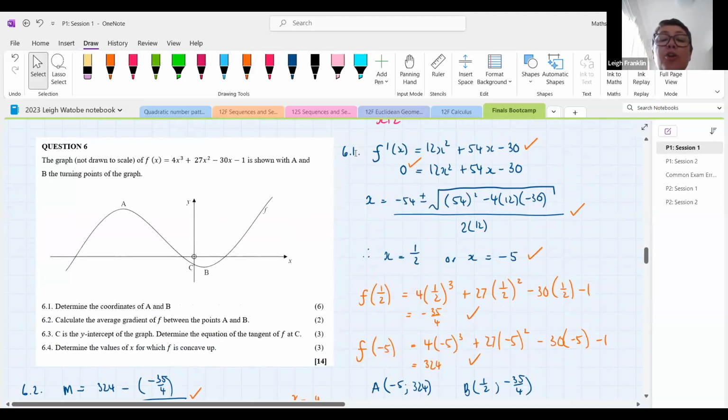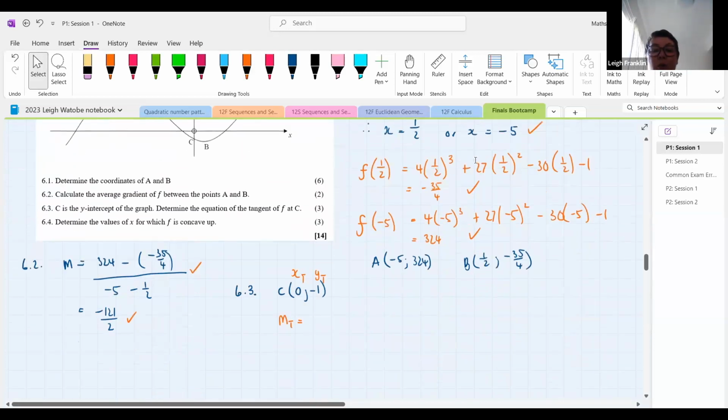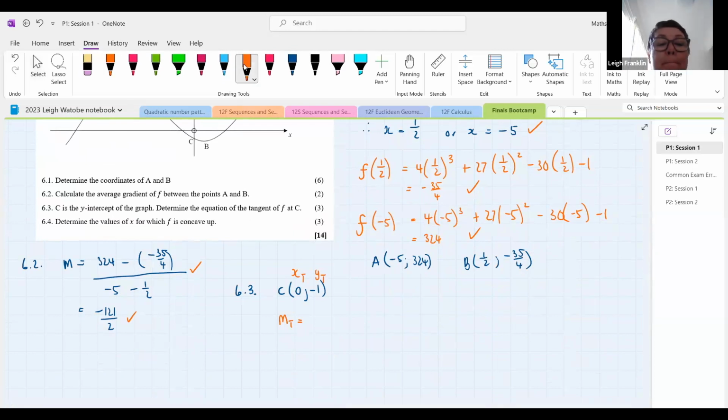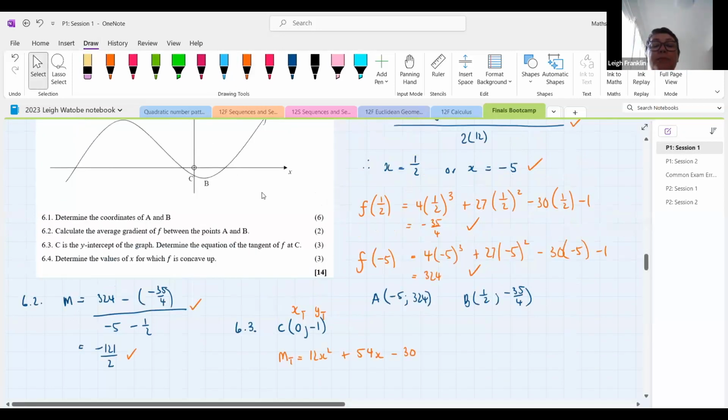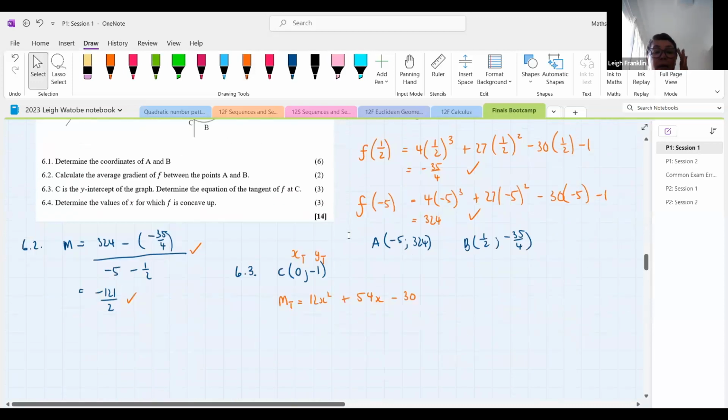I'm just going to go straight from 6.1 and write down what my derivative is. Okay, so I know that my derivative is 12x squared plus 54x minus 30. So I'm stealing it straight from 6.1.